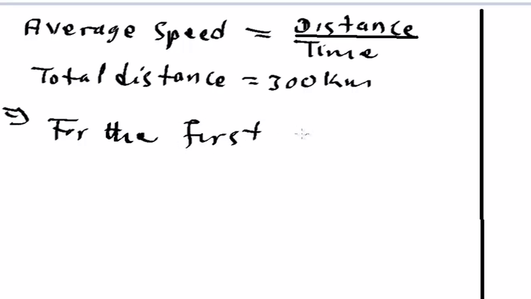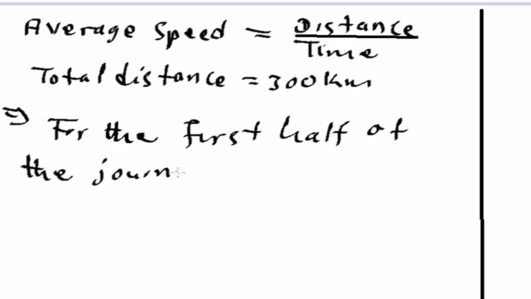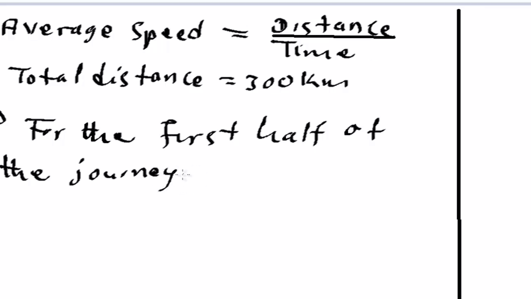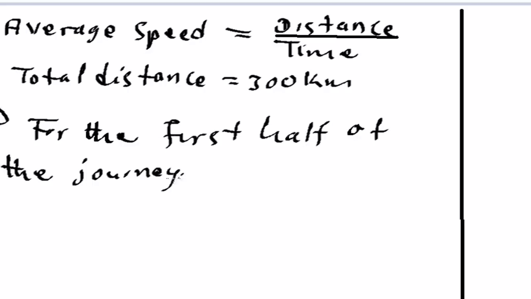So we write: for the first half of the journey. Once you write this, then you write down the information that you know about the first half of the journey.